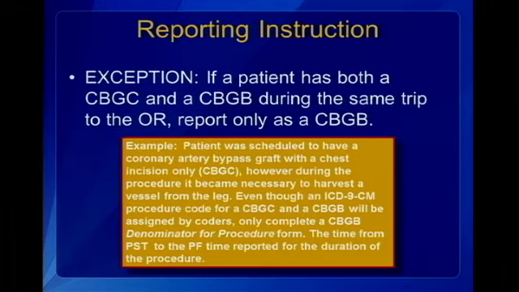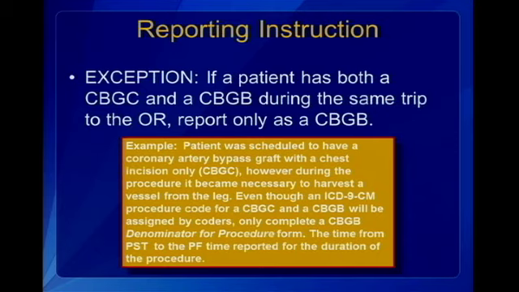This is an exception here, and we have had this happen, where they send a patient down, and for some reason the coding, they were sending them down to have a CBGC. Remember, that's when just a chest, usually it's when they're doing internal mammary, so they thought the patient was just going to come out with a chest incision, and that got coded somehow, probably based on how it was entered into the OR data.